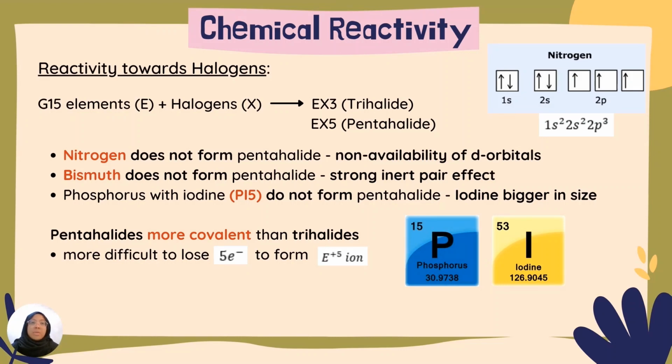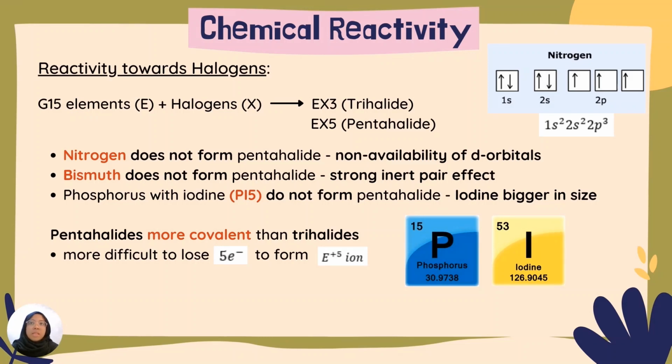Nitrogen does not form pentahalide due to the non-availability of d orbitals. The electronic configuration of nitrogen is 1s2, 2s2, and also 2p3. So nitrogen does not have d orbitals in the valence shell. Thus, nitrogen cannot extend its covalency beyond 4.